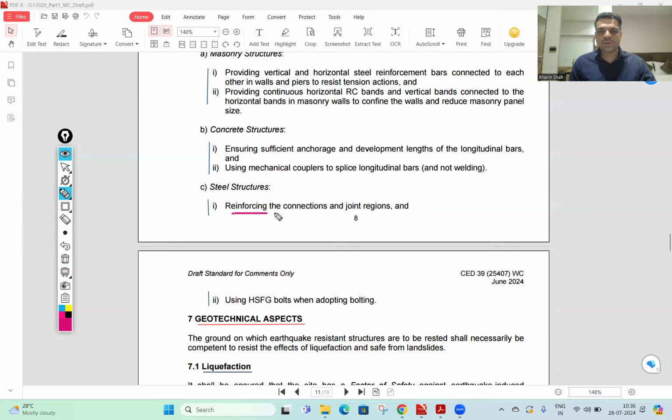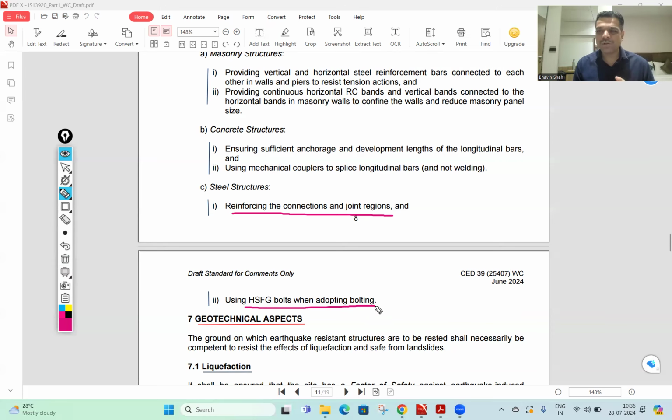For steel structures, reinforcing the connections at joint regions and using HSFG bolts when adopting bolting. HSFG stands for high strength friction grip bolts. Of course, we discussed this HSFG bolt at greater length in the past few sessions, and it brings a few practical difficulties.